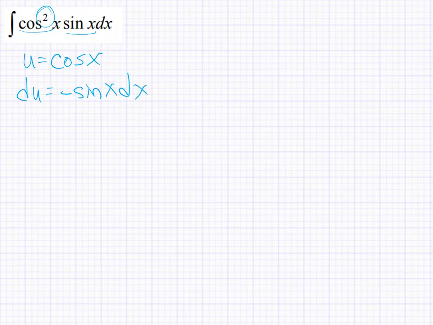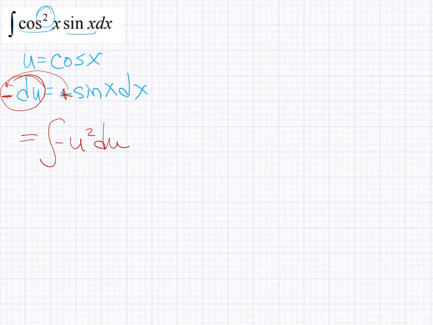Now the problem is I don't have that extra negative. There are a couple ways we can handle it, but the way we've been talking about it is we should move this negative to the other side of the equation. So now it's a plus, so move it with my du, and then therefore what do we have? What we have here is that we get the integral of u squared, and then we have a negative du, so that's now the integral we're going to do.